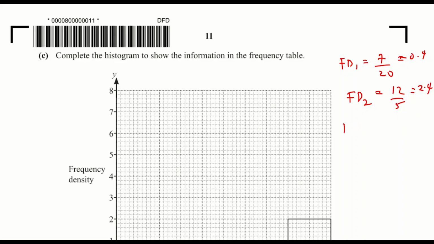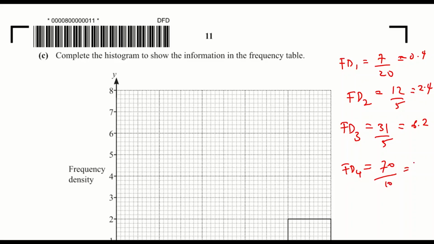The next one will be FD3, the third one. It will be 31 over 5. So that will be, I think, 6.2. Then FD4, that will be 70 divided by 10.